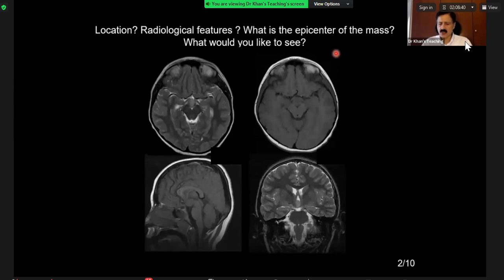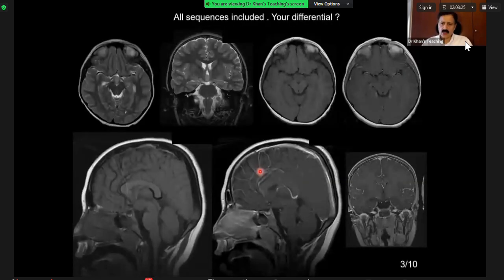Anatomy is the key. So right now we have picked up a lesion. You want to give contrast, fine, but anatomy-wise, the fine touch, where is it? We'll revisit this. Now, on post-contrast, it does not enhance. You see here, it does not enhance.